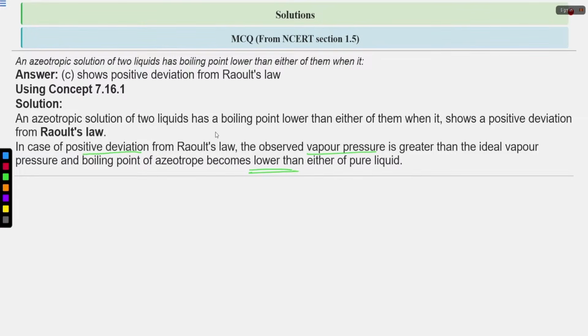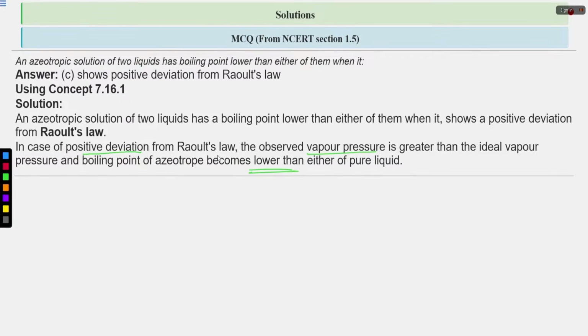So the vapor pressure you determine by the Raoult's law, this azeotropic solution vapor pressure will show positive deviation from Raoult's law. What does that mean? That the azeotropic solution will observe higher or greater vapor pressure than you derive from the Raoult's law.